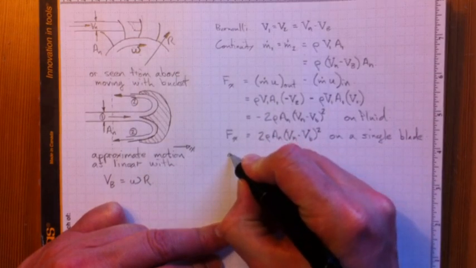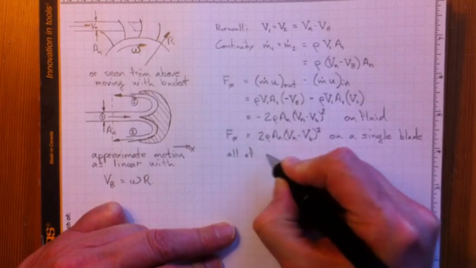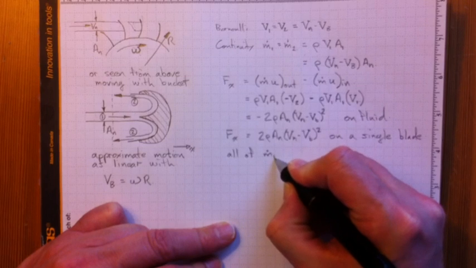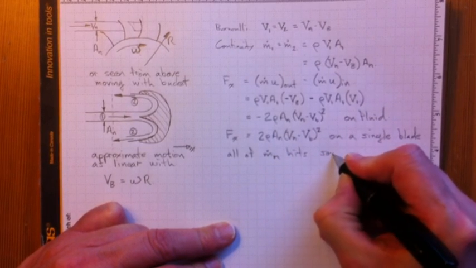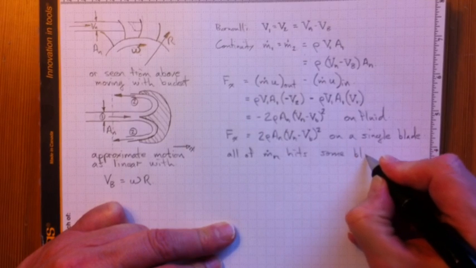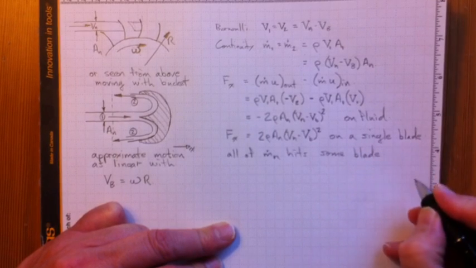So all of the mass flow from the nozzle hits some blade, one of the blades on the outside of the wheel.